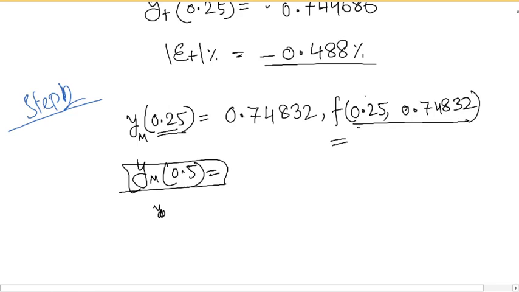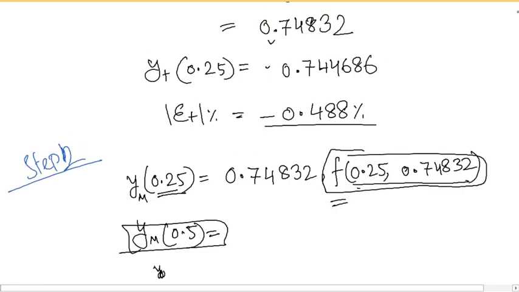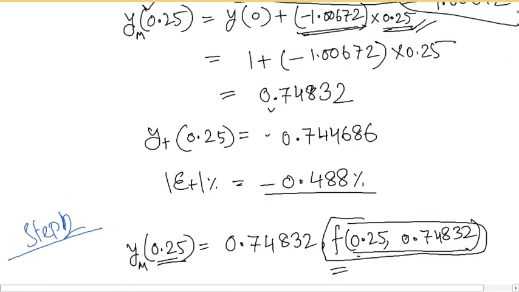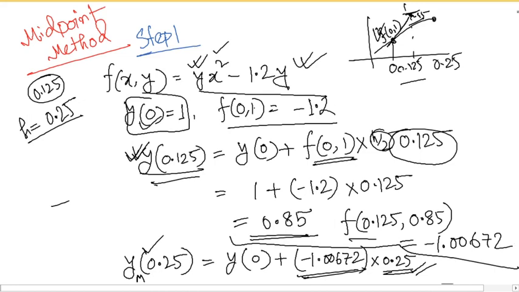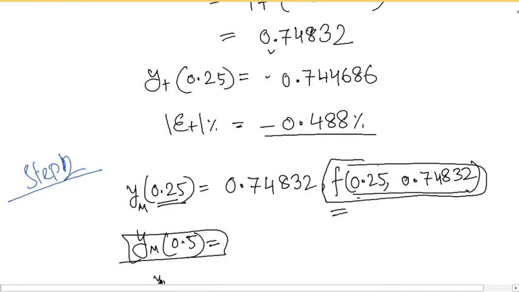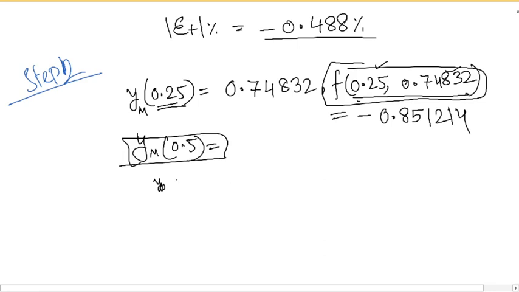For this step, this is the initial point's slope, and we can obtain it from this equation. We put the values of x and y, and we'll get the value as minus 0.851214. Using this value, I'll now be predicting the midpoint value.